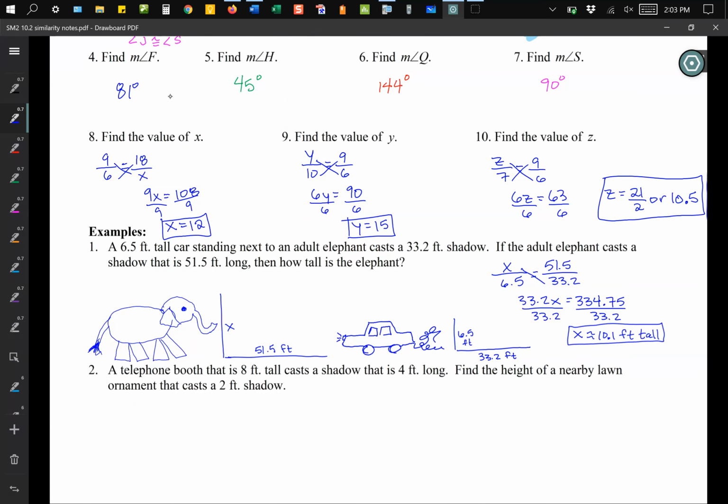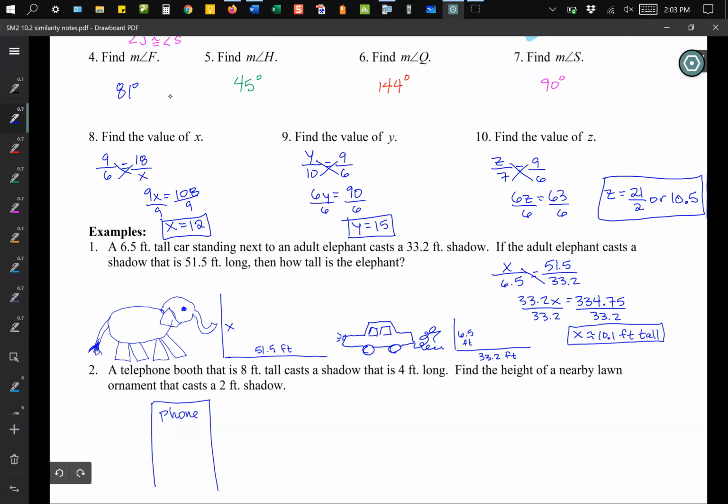Okay, telephone booth. Back in the day of Superman, when he needed to go change from Clark Kent to Superman, he'd duck into a phone booth, which was like this little box on the side of the road that you could stand up in, and it had a phone in it. Kind of crazy. So we have a phone booth.